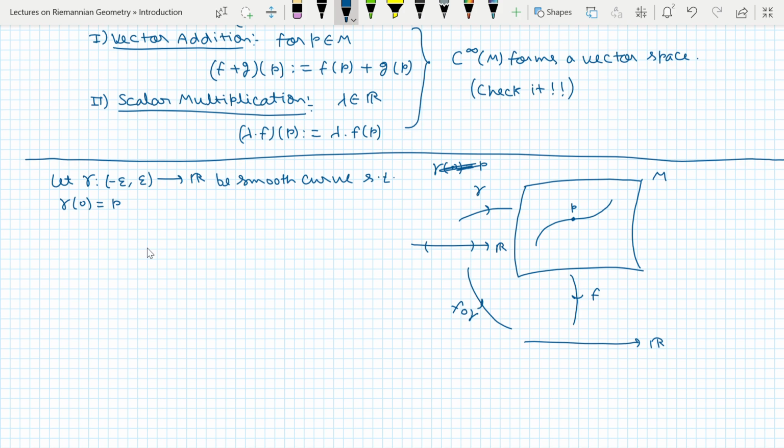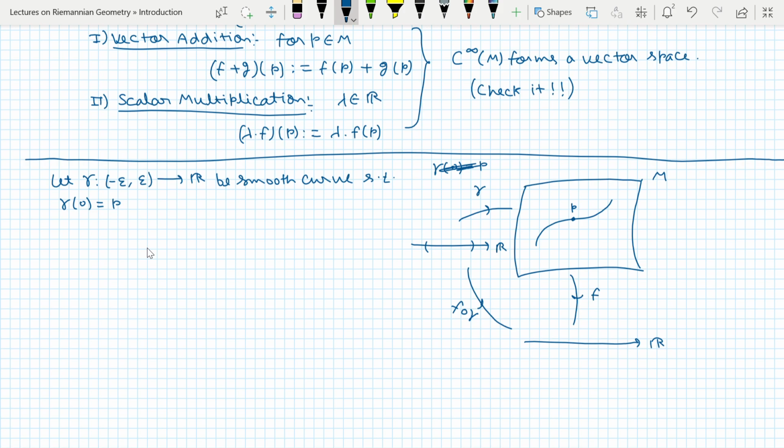Why? Even if you have a curve that doesn't satisfy this property, you can reparameterize the curve such that this condition is satisfied. You can always do that, so there is no problem. Also, this condition makes the formula simpler. That's it. So this is our curve.